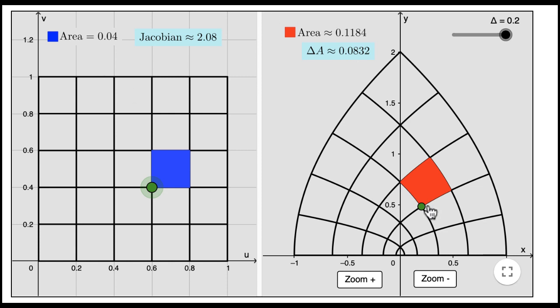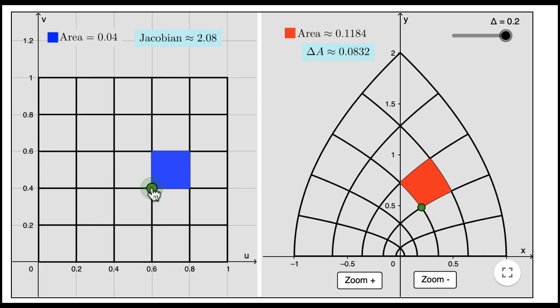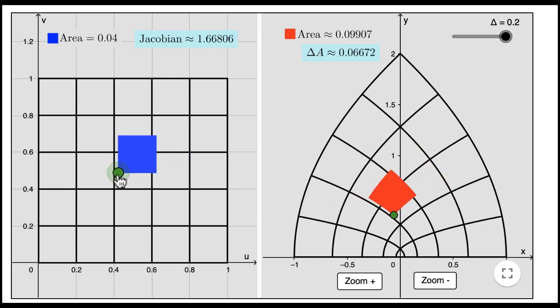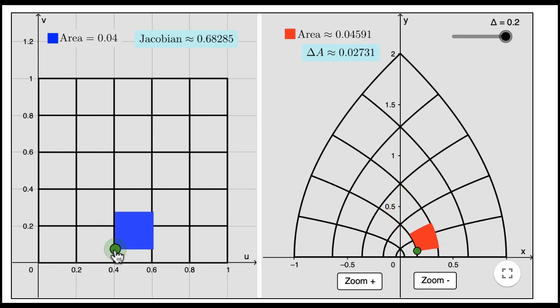So you need to multiply by a rescaling factor that will make sure that the areas match up correctly, and that's what the Jacobian is supposed to do. So basically the Jacobian is a rescaling factor that compensates for this distortion that we are looking at.